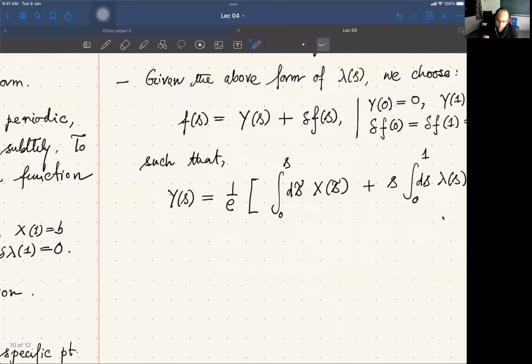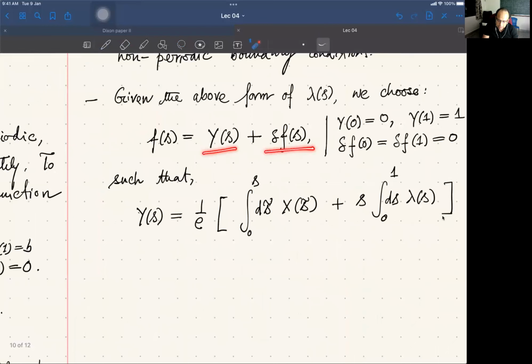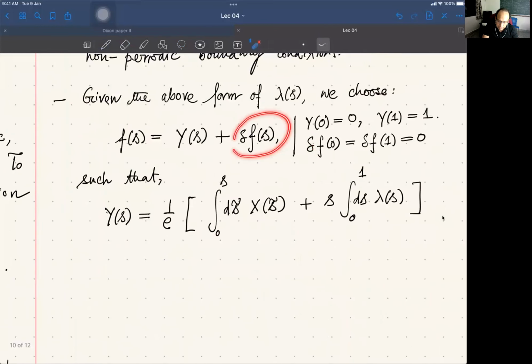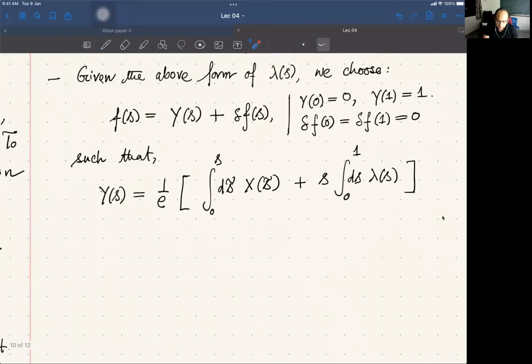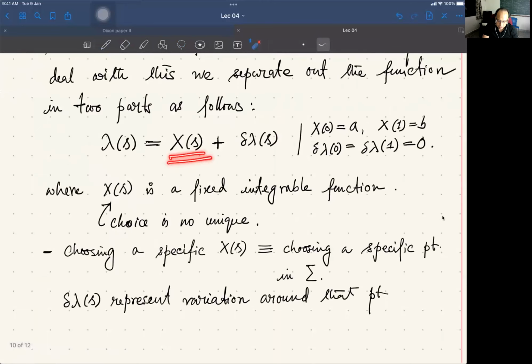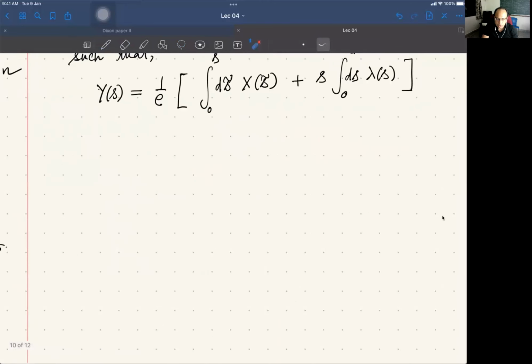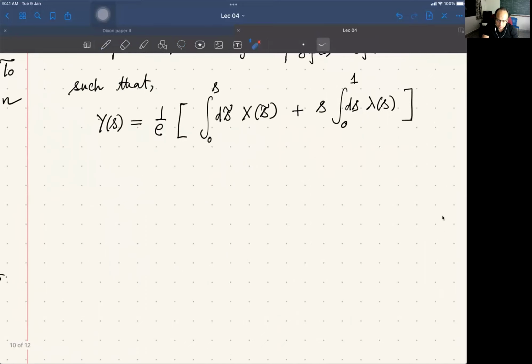So f also has a corresponding separation, where delta f has a normal Fourier expansion, which means the coefficients will have normal growth. Along with that, we have a function y, which can be explicitly constructed from x of s. Whatever x we choose, since we have chosen it to be an integrable function, we should be able to integrate it from 0 to s.